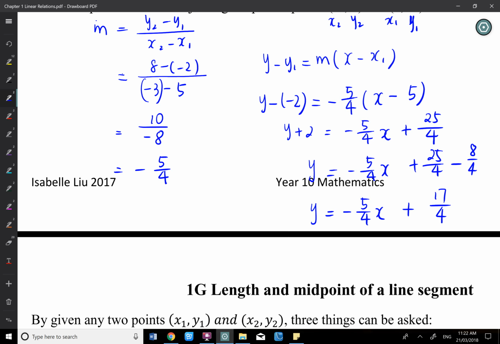That's why I'm using y minus y1 equals m times x minus x1. Yes? You will get the mark. As long as you get it right by any method, that will give you the mark. So all methods will be fine.